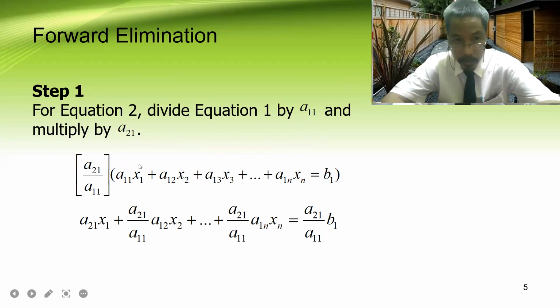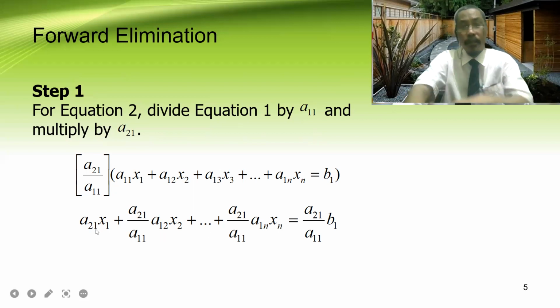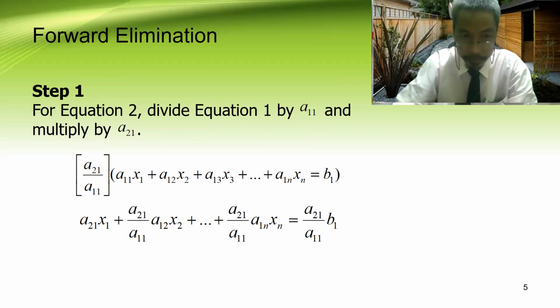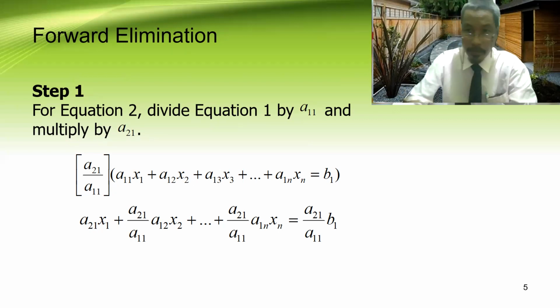This is the first equation, this is the first variable, and the first coefficient. Okay? So divide equation 1 by that amount and multiply by A21. What is A21? A21 is the coefficient of the second equation, where the first coefficient of the first variable of the second equation. So that is the A21. Okay.